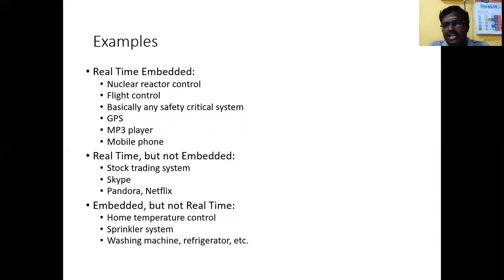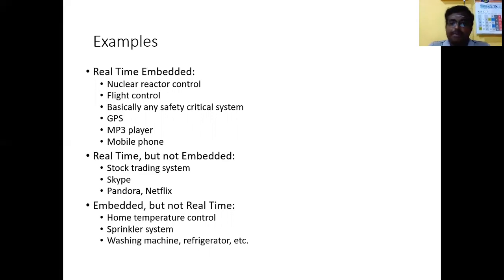Any leakage or damage or falsification in the nuclear reactor, then I need not explain the impact of something going wrong there. That's why these embedded systems are there, because they give results very accurately so that no error will occur in the nuclear reactor. So all the sensitive applications are among the real-time embedded examples. And of course, an MP3 player or a mobile phone can also be an example of real-time embedded.